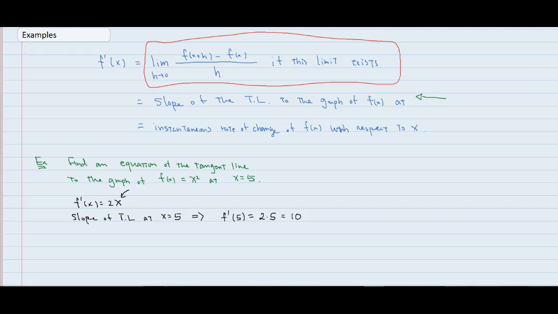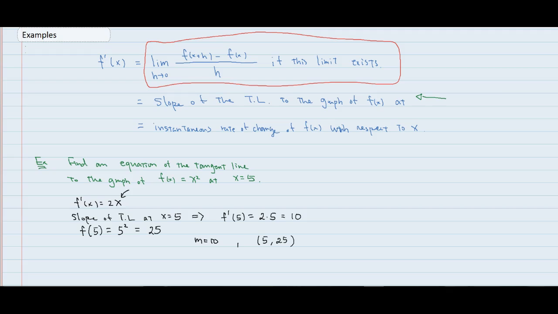Well, I just need the point at this point then. In this case, the x value is 5, but the y value at that point is 5 squared. Notice that I'm plugging this 5 into the function itself. So m is going to be 10, and the point that this line goes through is 5, 25.